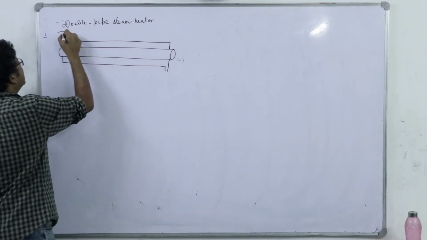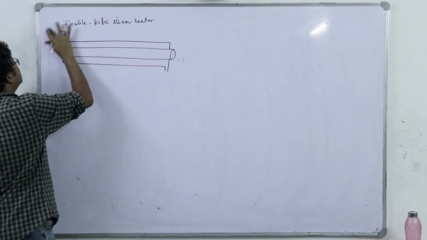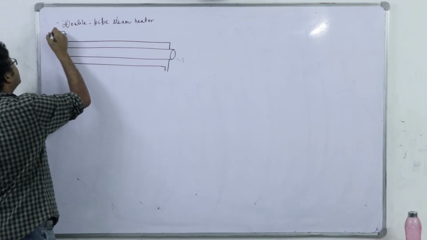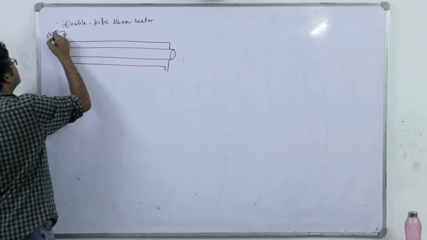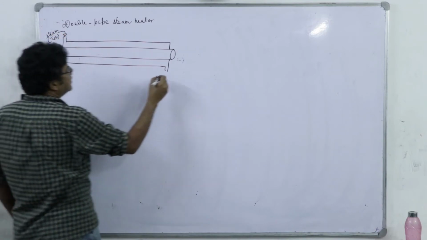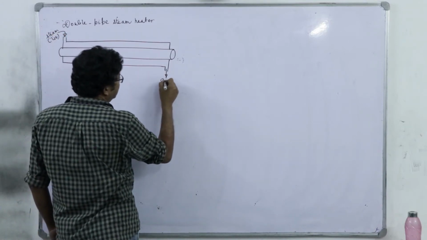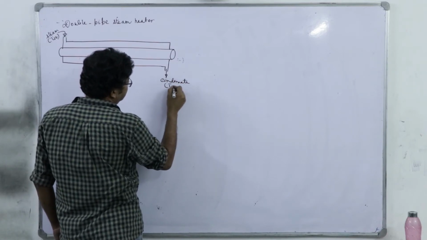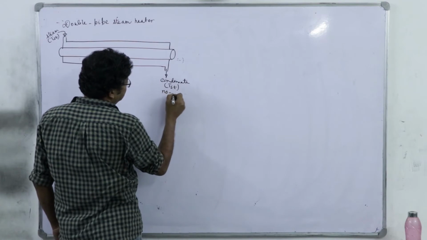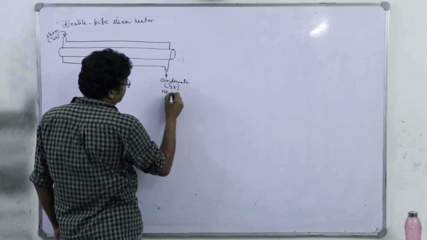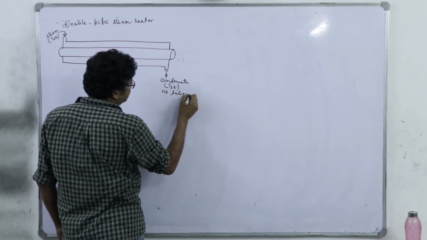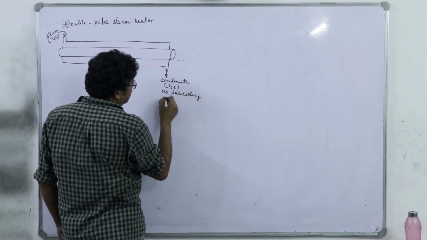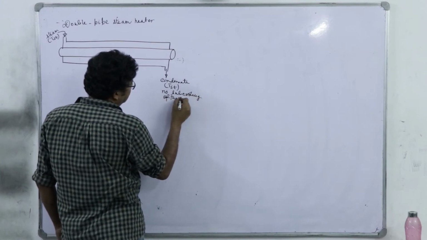So it's co-current initially. So it's steam, temperature TST, and here we have the condensate also at the same temperature TST. So that means no subcooling of the condensate.